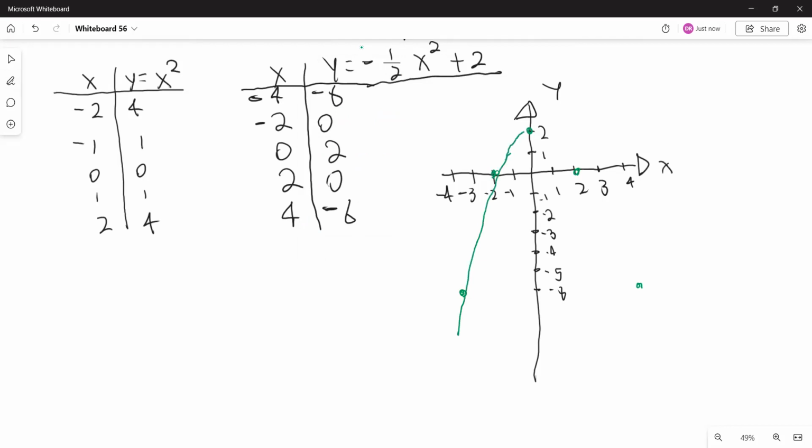So you know the graph of y equals x squared well enough. I'm just doing the graph of the new function. So that's the graph of the opposite of 1/2 x squared plus 2.